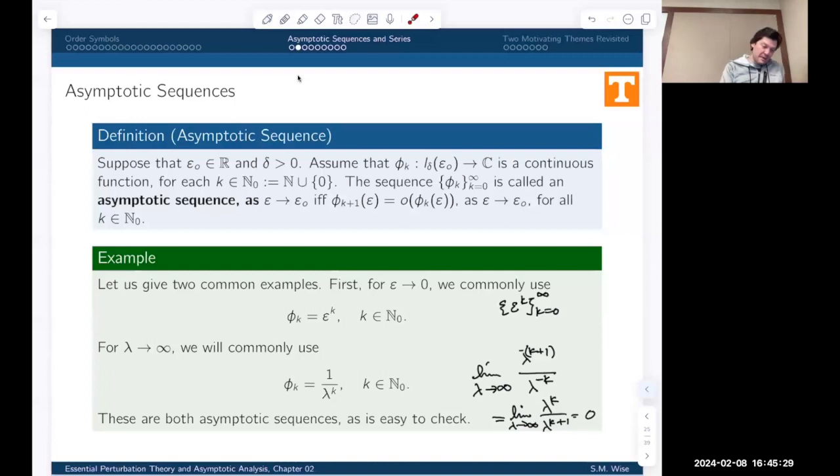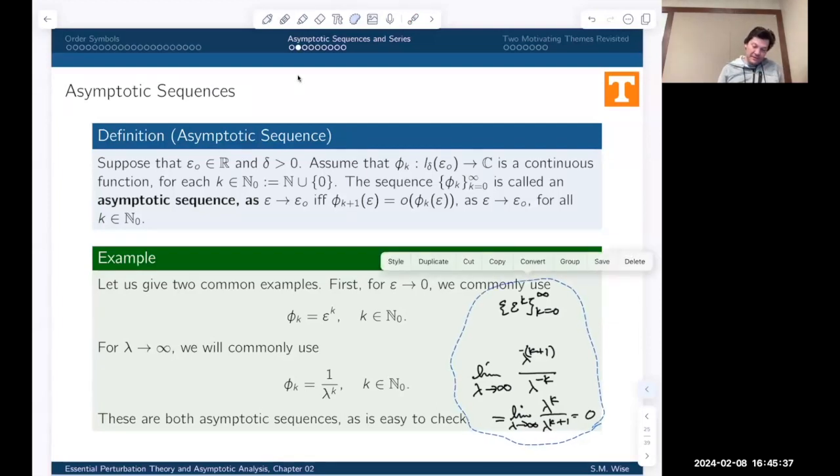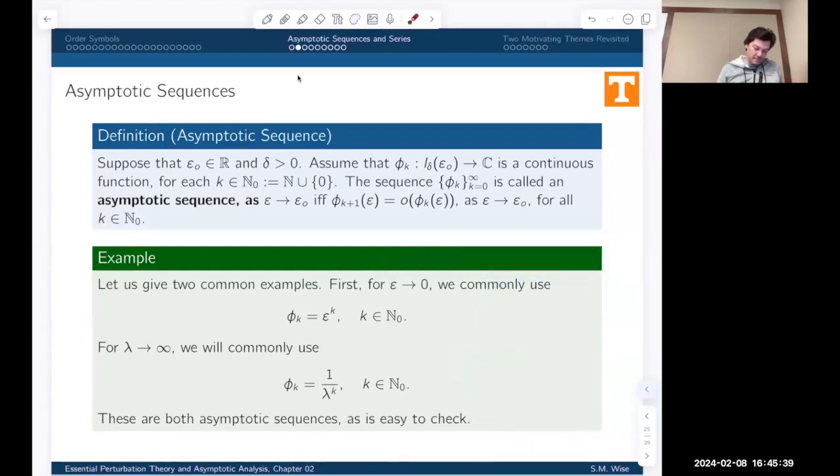It gets a little bit labor intensive and mind numbing after a while, so we just drop those definitions. So even though I didn't define asymptotic sequences for lambda in a neighborhood of infinity, you can understand how to get there.